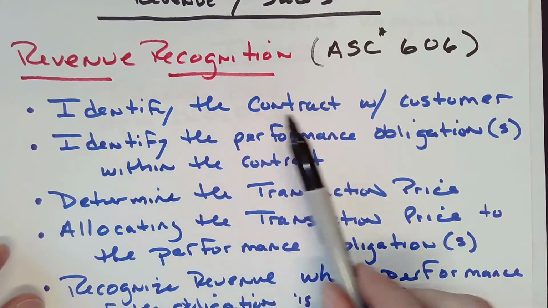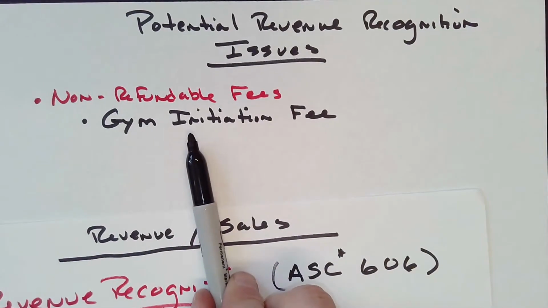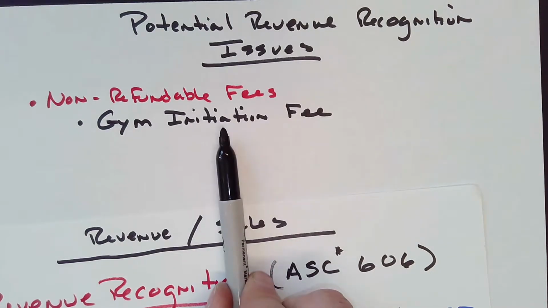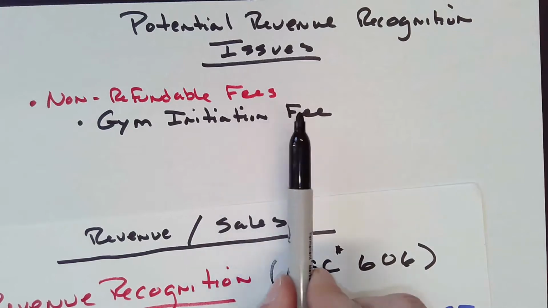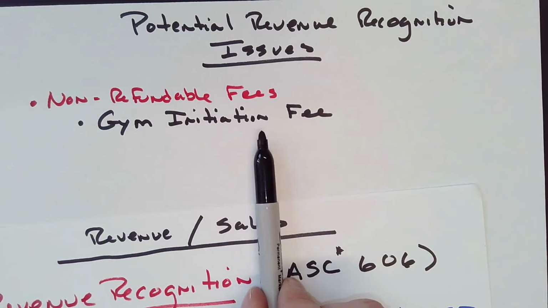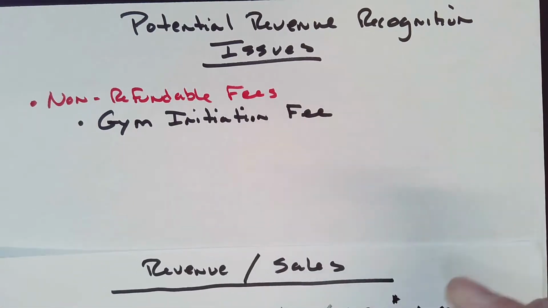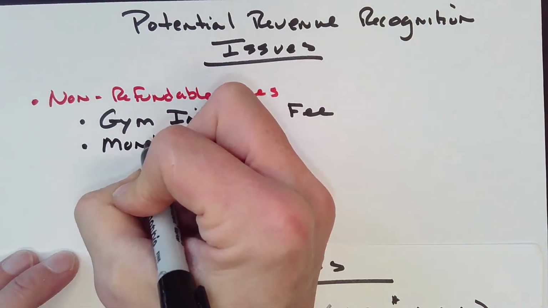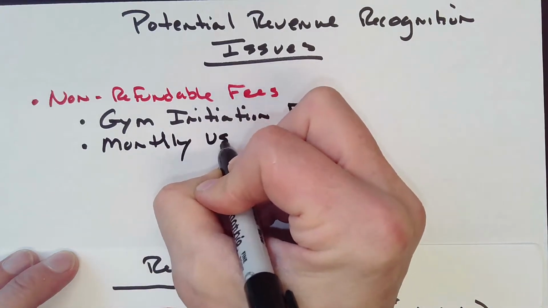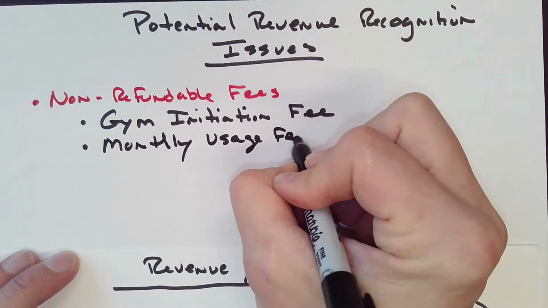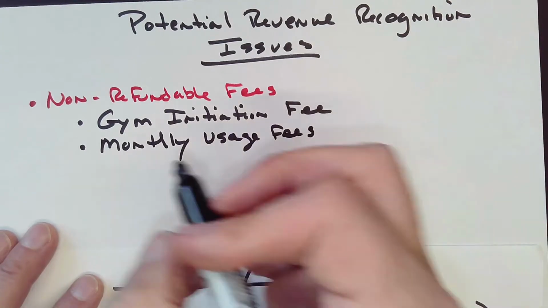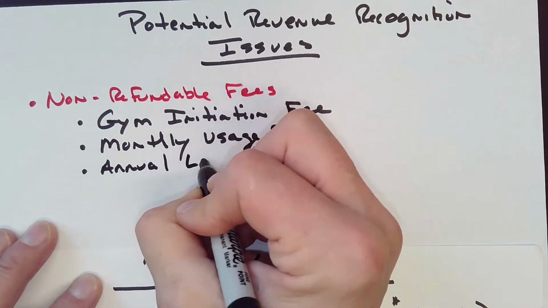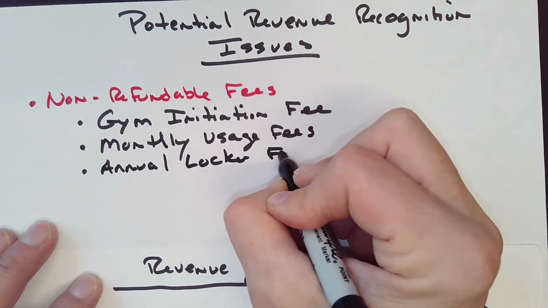So we've identified a contract with a customer. They paid us a non-refundable fee to become a member. So the initiation fee is one thing, right? They've entered into this contract. They pay us an initiation fee, and then they'll also pay us monthly usage fees, and they might pay us an annual locker fee.